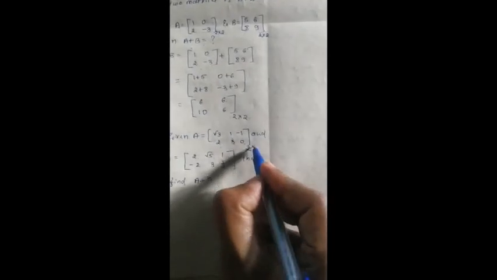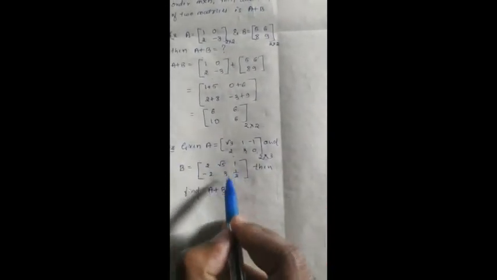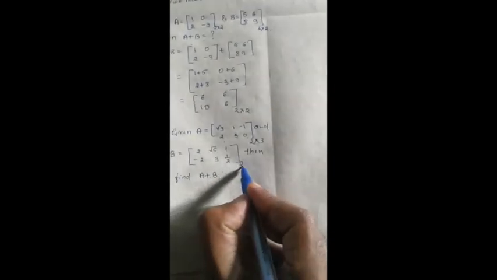Here we have 2 rows, and how many columns? 1, 2, 3. The other matrix also has 2 rows and 3 columns. So we can add the two matrices.